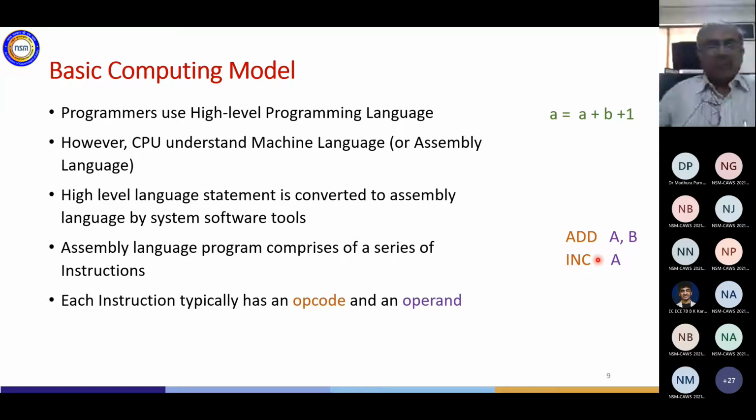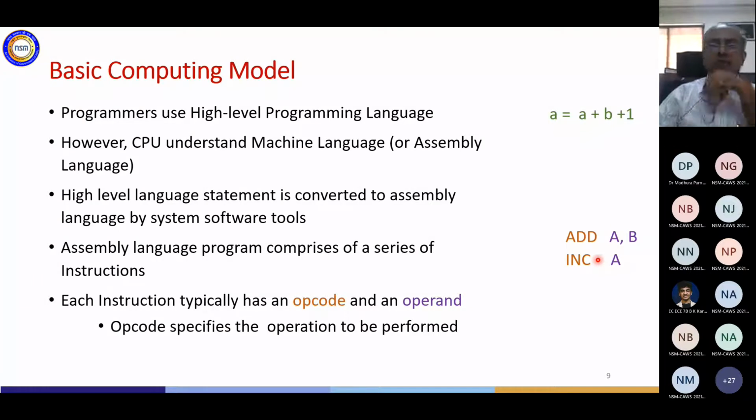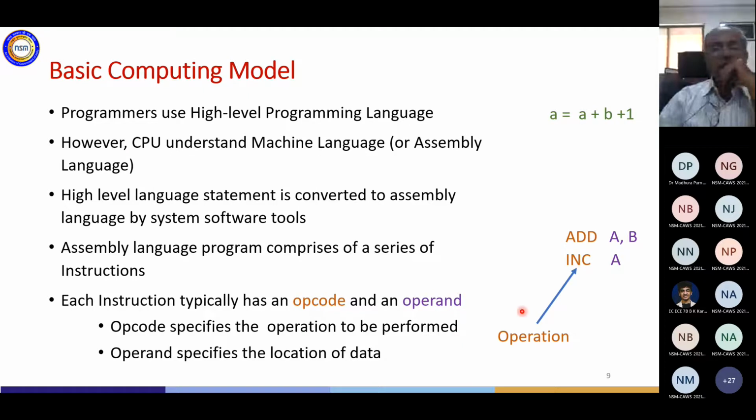So typically each instruction has two parts. One is an opcode, another is an operand. In this example, the opcode specifies the operation to be performed, like ADD or INC, that is increment, and the operand specifies where to find the data.